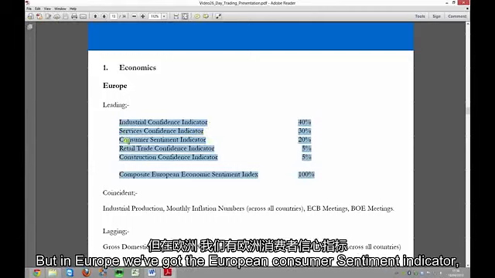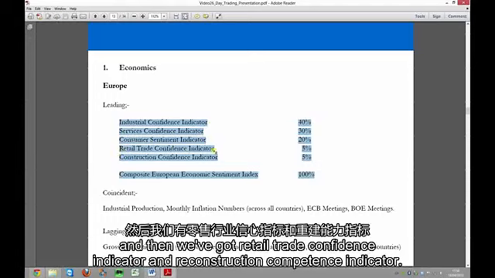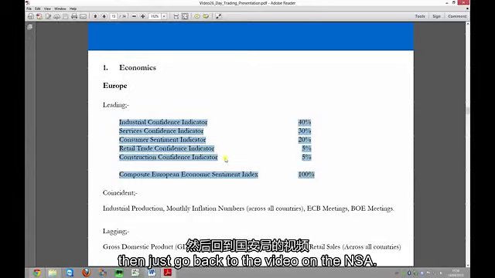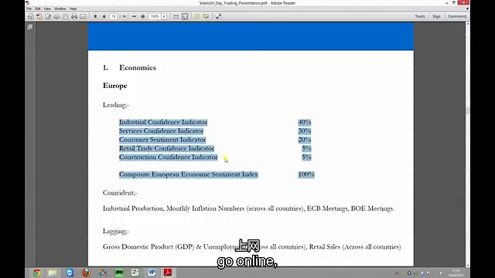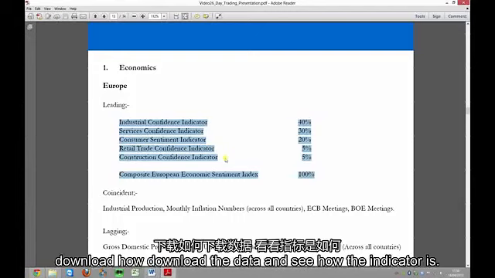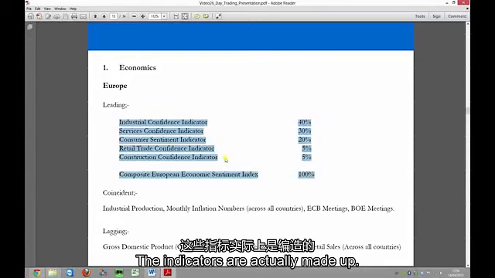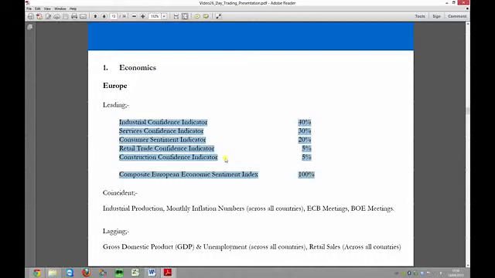We've got the European Consumer Sentiment Indicator, and then we've got Retail Trade Confidence Indicator and the Construction Confidence Indicator. If you want to go into more detail, then just go back to the video on the ESI, go through it again, go online, go to the website, download the data, and see how the indicators are actually made up.